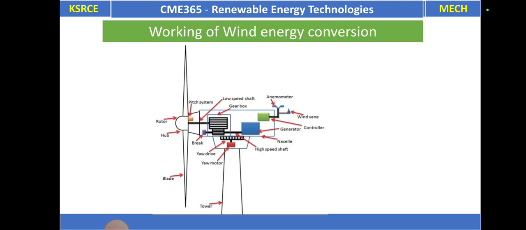Downwind machines have been built despite the problem of turbulence because they do not need an additional mechanism for keeping in line with the wind, and in high winds the blades can be allowed to bend, which reduces their swept area and thus reduces their wind resistance. Since cyclic turbulence may lead to fatigue failures, most horizontal axis wind turbines are upwind machines.